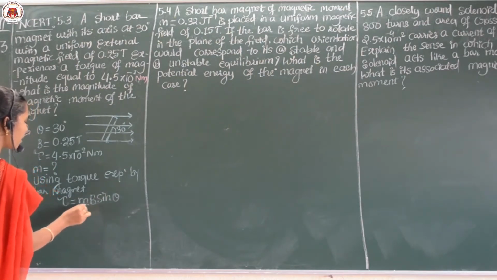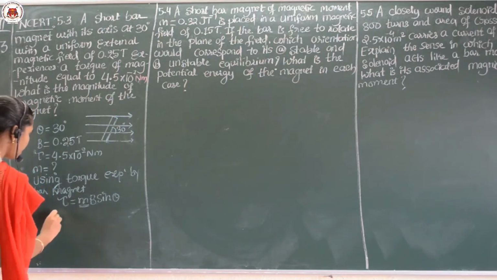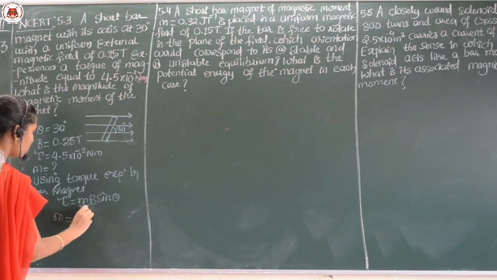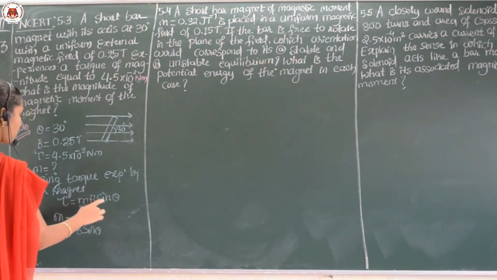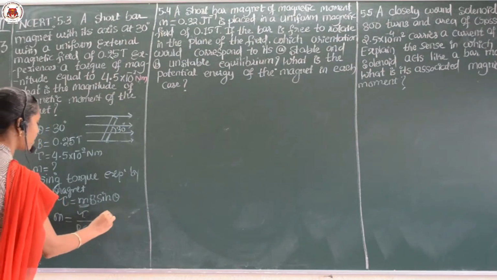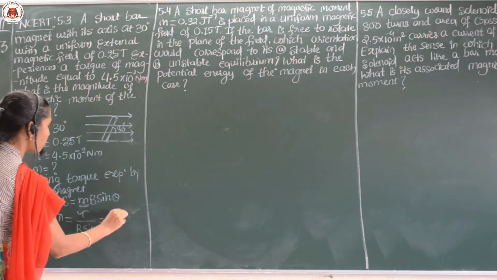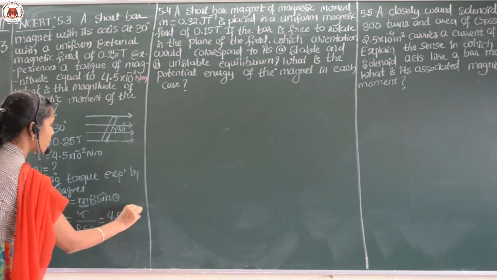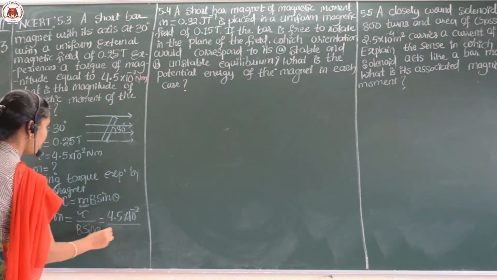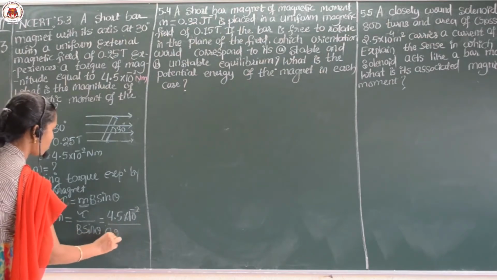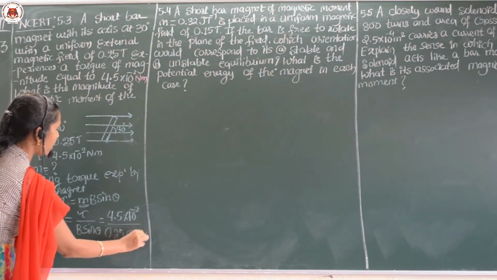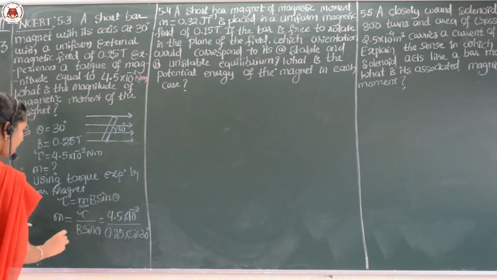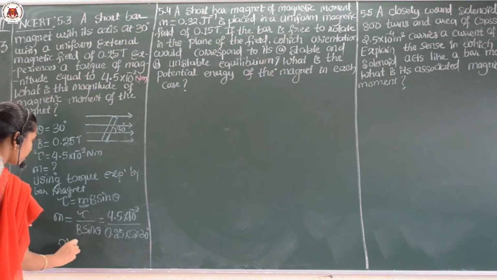Here we need to calculate m, so m is equal to torque upon B sin theta. Then substitute the data. Torque is 4.5 into 10 raised to minus 2 upon B, which is 0.25 Tesla, into sine of 30.